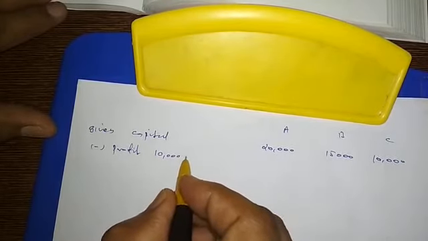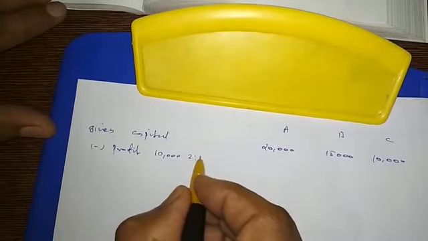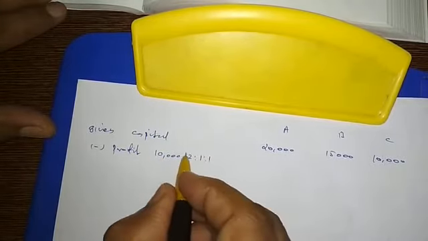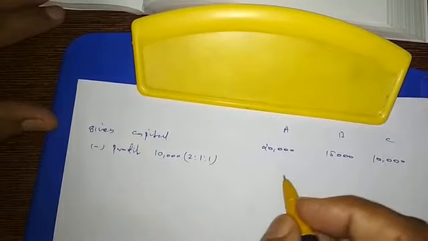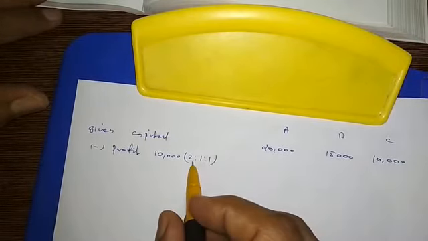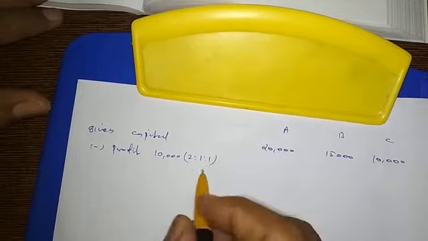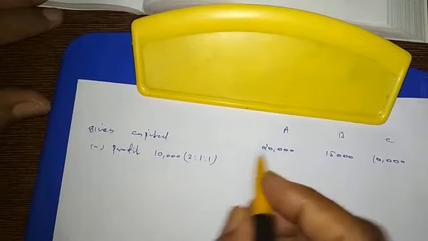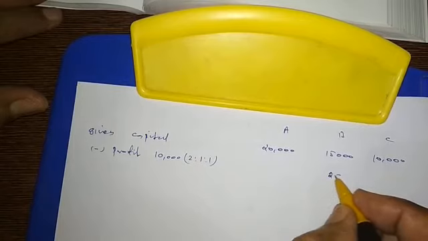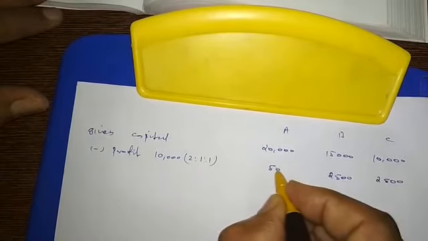This 10,000 in the profit sharing ratio that is given, 2:1:1, how much will it come? 4,000, 2,500, 2,500. This is 5,000 for A and 2,500 each.